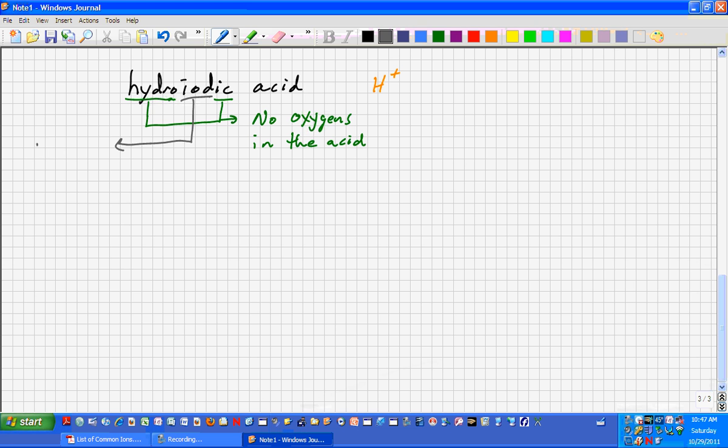So I can go right to the iodide ion, which is I minus, which means my formula is going to be HI, hydroiodic. And again, I've got no oxygens in there. Hydro tells me I've got no oxygens. Kind of a double confirmation here. That's most likely the right answer.